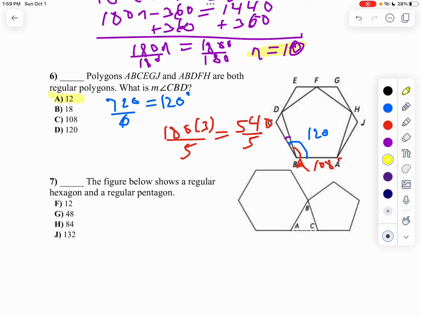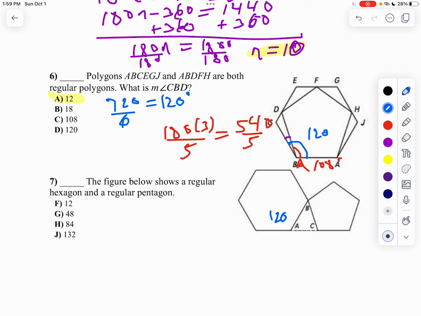Now, if we take a look at this one, we have angle ABC, don't we? I want to find the measure of angle B. So we'll start here. We just did the hexagon, and we said each angle of our hexagon is 120.